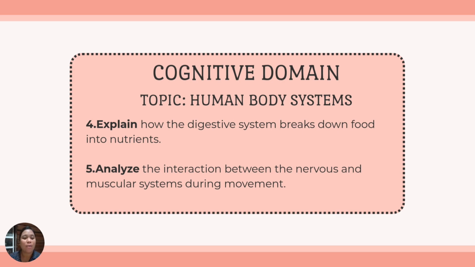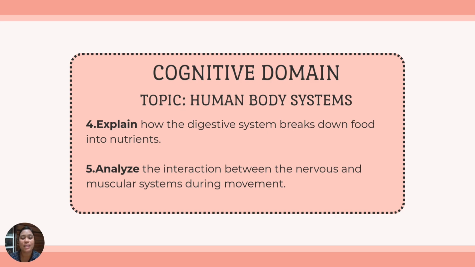And the fifth one is analyze the interaction between the nervous and muscular systems during movement. I use the verb analyze, and it belongs to the cognitive domain because it requires breaking down complex interactions.